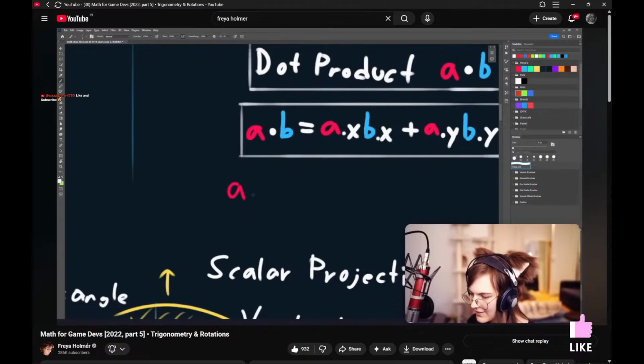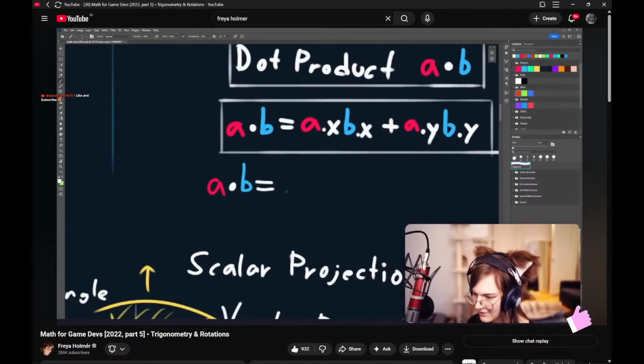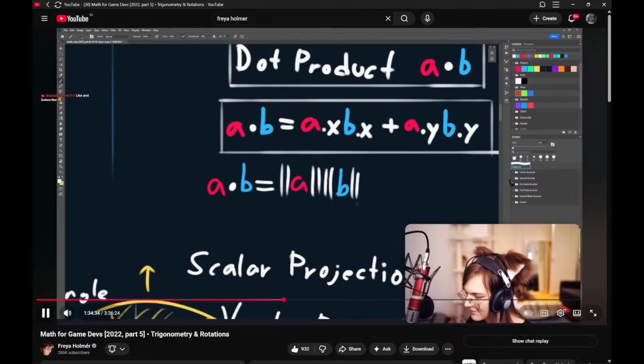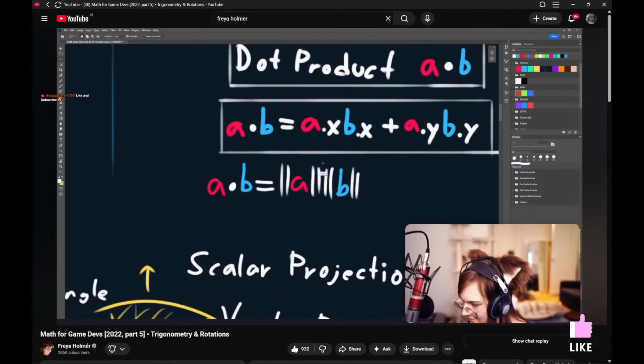So we have A dot B equals the length of A times the length of B. It's a lot of vertical lines going on here. Should probably separate these a little bit.